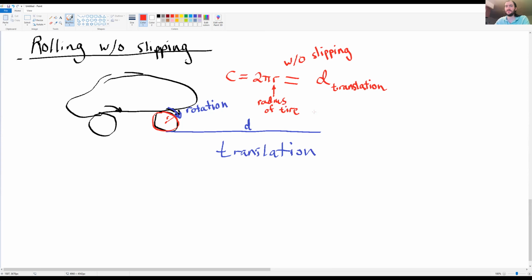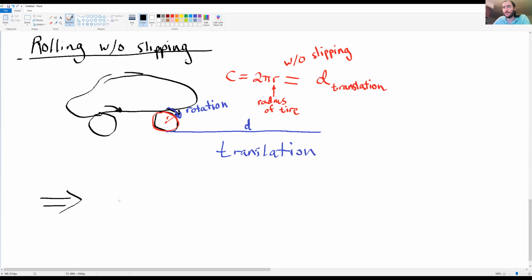Okay. So if you roll without slipping, then there's a nice relationship between, for example, the angular velocity of the tire and the velocity of the car as it moves forward, provided there's no slipping. So if there's no slipping, then we have the following identities.